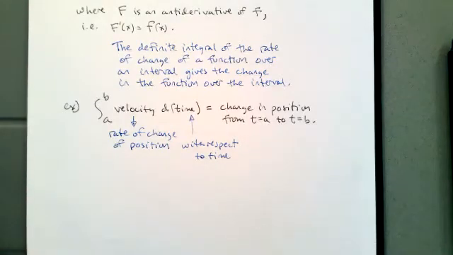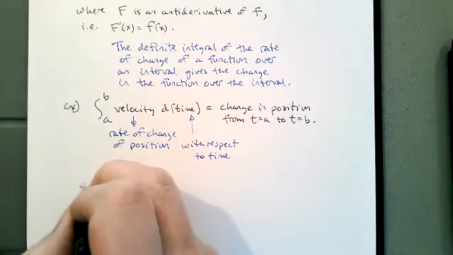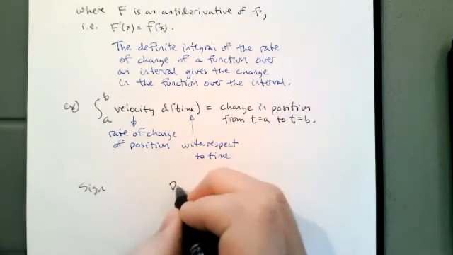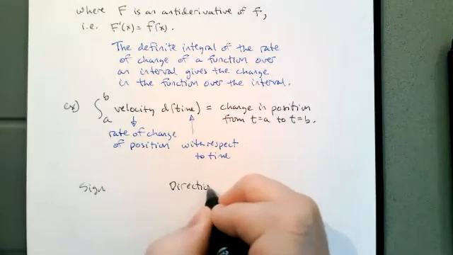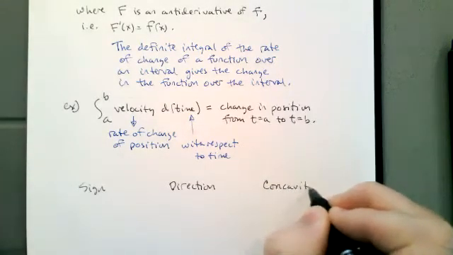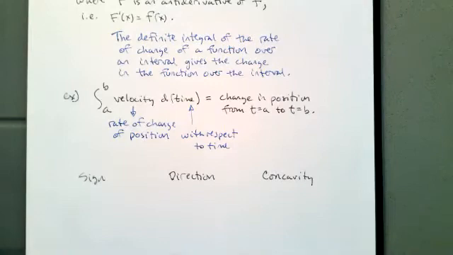I'm just going to write it out: the relationship between sign, direction, and concavity. So the first derivative tells us about direction, and the second derivative tells us about concavity. So here's how we can interpret some of these things.